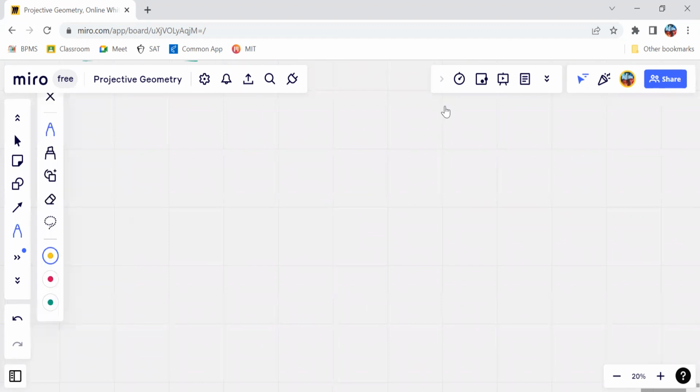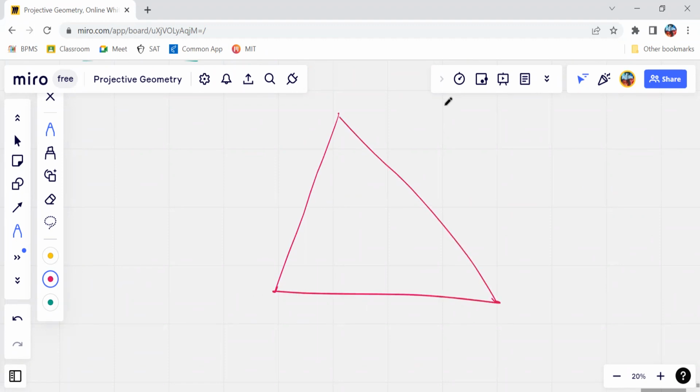So let's begin with this. There is a triangle ABC. We have 3 concurrent cevians like this.